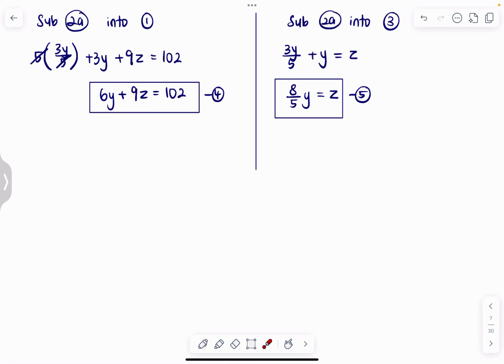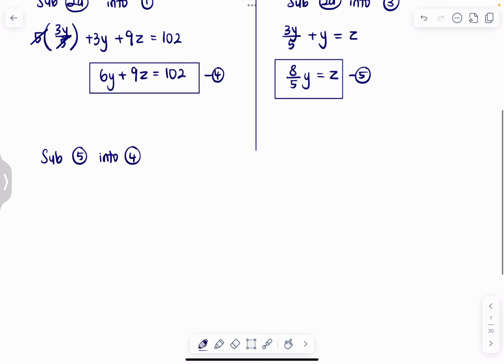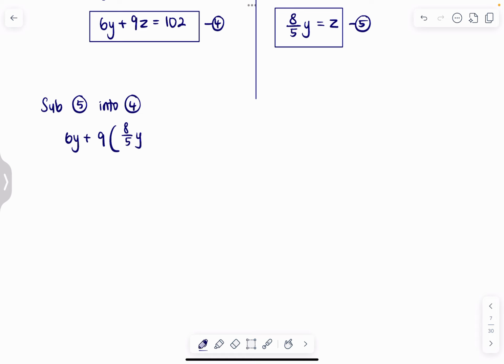Now what we can do is, we can sub equation 5, because here z is the subject. So z equals to this, right? This one we can put into this z. So we can sub equation 5 into 4. Right. So 6y plus 9z equals to 102.